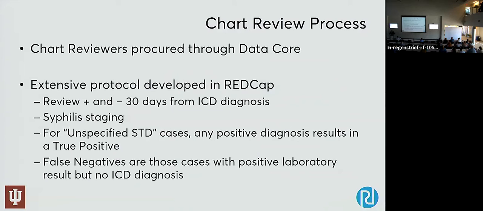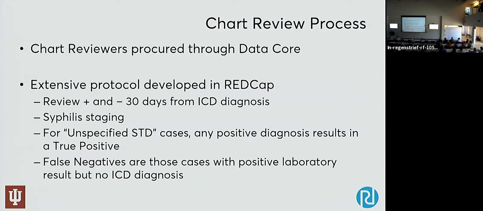So he can't be here, but he developed a very extensive protocol, and we captured the data using REDCap. They reviewed plus and minus 30 days from the ICD diagnosis. The protocol was extensive because CDC was interested in those cases that were positive for syphilis, and what was the exact typing or staging of syphilis that was occurring.